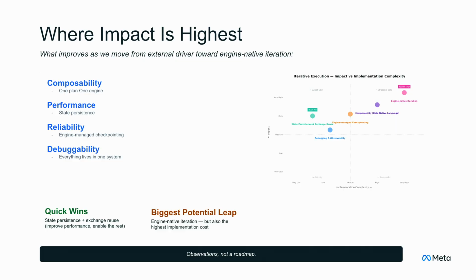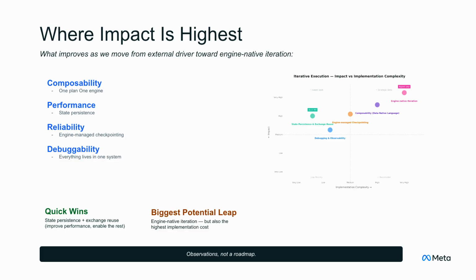So composability: one plan, one engine, instead of multiple systems stitched together through a data-native language like SQL to compose execution from the user perspective. The second one is state persistence and exchange reuse, which Jingfeng already mentioned. It will eliminate per-iteration, per-plan overhead.